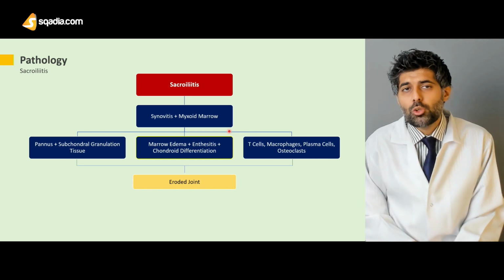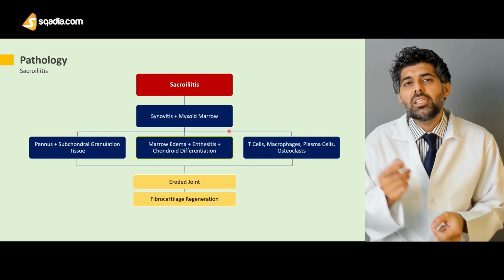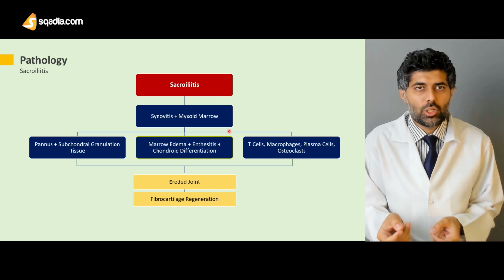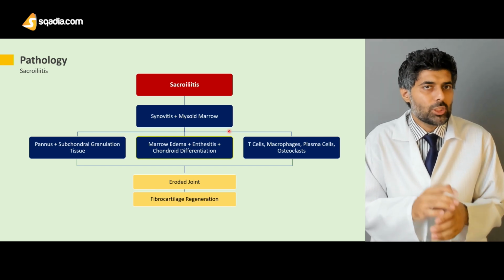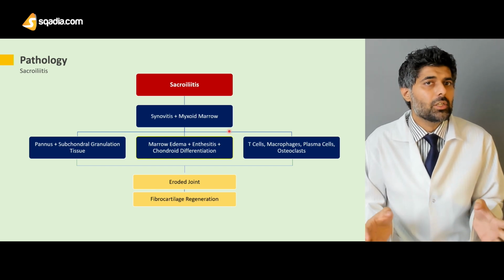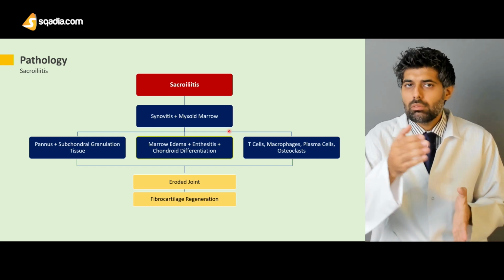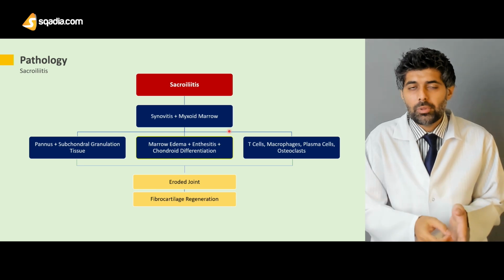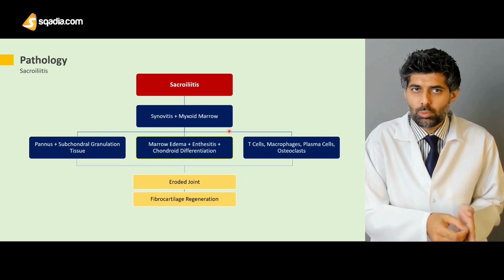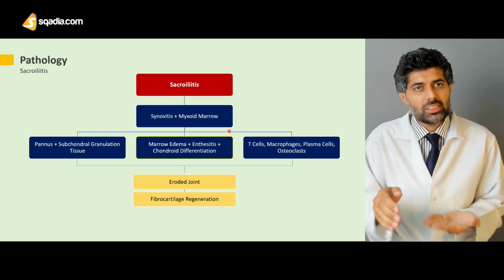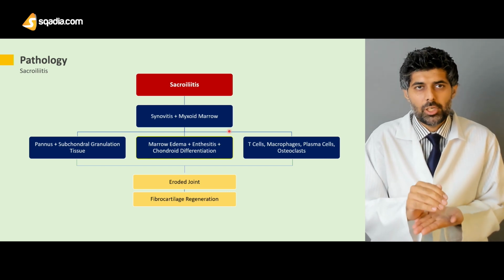Now, whenever a joint is eroded, there is an attempt at its regeneration. For synovial joints, whenever they are destroyed or obliterated, their regeneration results in the introduction of both fibrous and cartilaginous tissue between the two bones, instead of the characteristic cartilage and the synovial cavity.